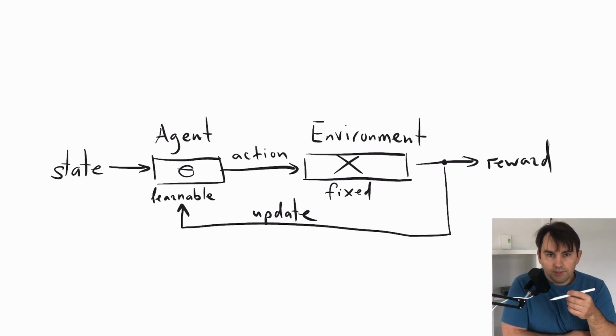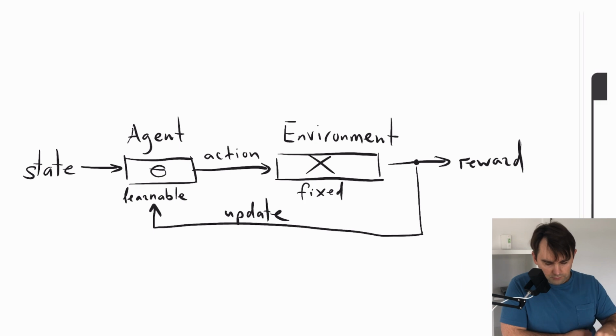And this is the key idea of the REINFORCE algorithm. It says that if we have something that we cannot differentiate, we use a reward as our signal to help us move the weights instead.